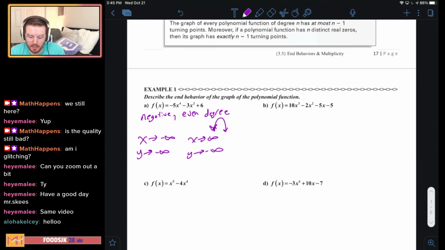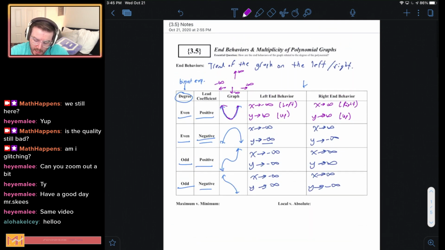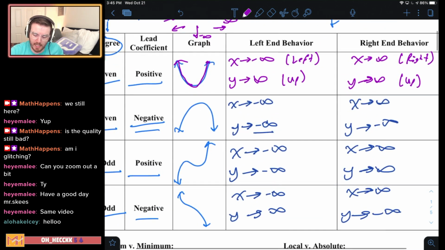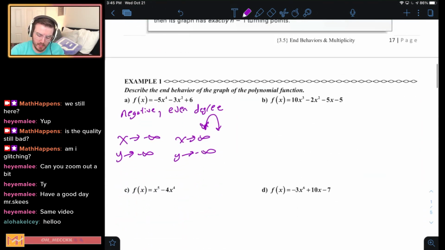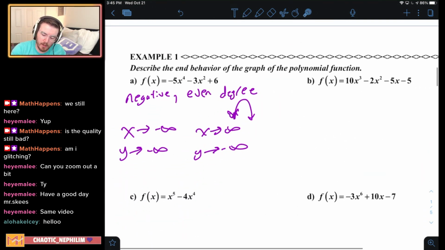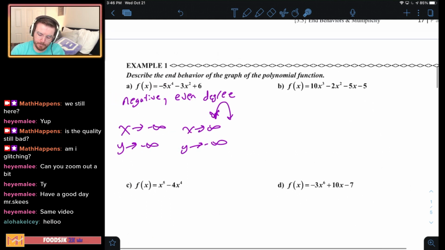The questions are multiple choice on the classwork. I've listed all 4, and you just have to pick the correct option, right? So I look at this and I go, it's negative with an even degree. Down, down. I look at this and I say it's positive with an odd degree, so it's working its way up.